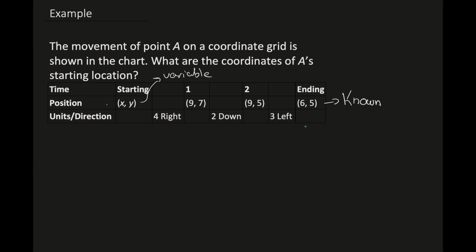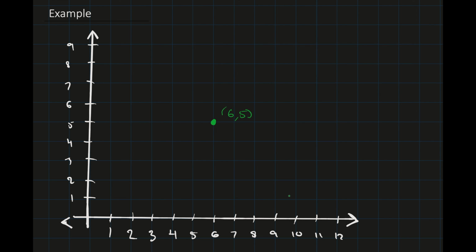So we're here. This says to go 3 left. Meaning that on the x-axis, we have to go 3 to the left. So 3 units left: 1, 2, 3. We're now there.